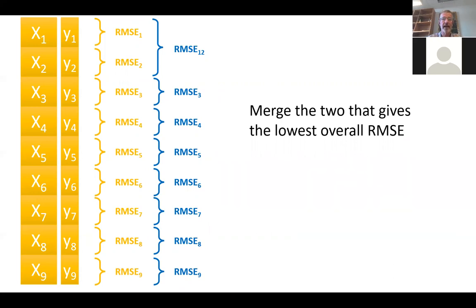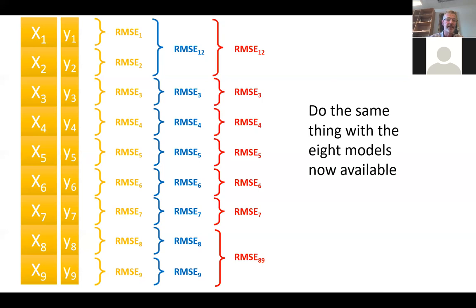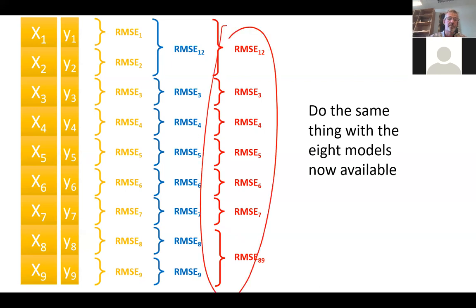I can move on and see if I can merge these 8 clusters into 7 clusters like this. And in this particular case, I found that merging samples from calibration situation 8 and 9 would give me the lowest total error. So if I am only allowed to have 7 different calibration models, then this would be the nicest way to cluster my models.